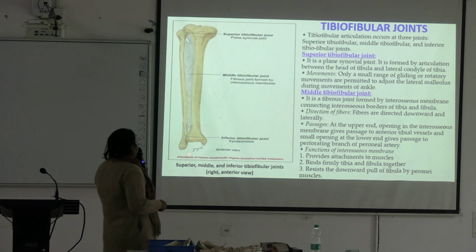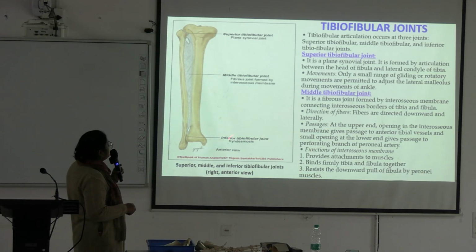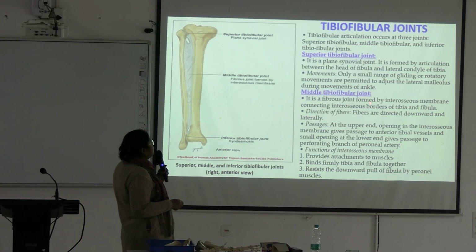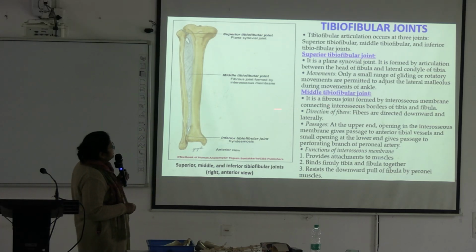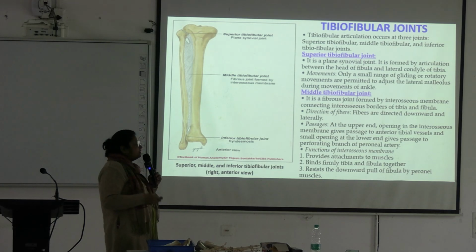Next is the inferior tibiofibular joint, which is also a fibrous joint, the syndesmosis variety. The middle tibiofibular joint is a fibrous joint formed by the interosseous membrane, which connects the interosseous borders of the tibia and the fibula.